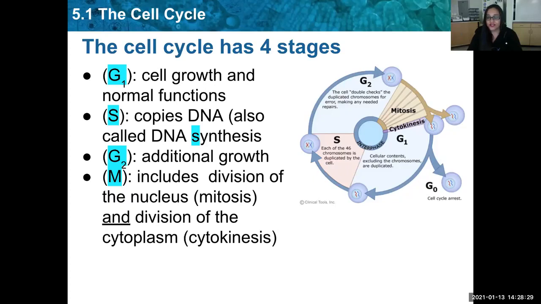S is when the DNA is copied. It's also called DNA synthesis. That's where the S comes from. G2 stands for gap 2, and more growth happens here. The cell also double checks the duplicated chromosomes for any errors, making repairs.